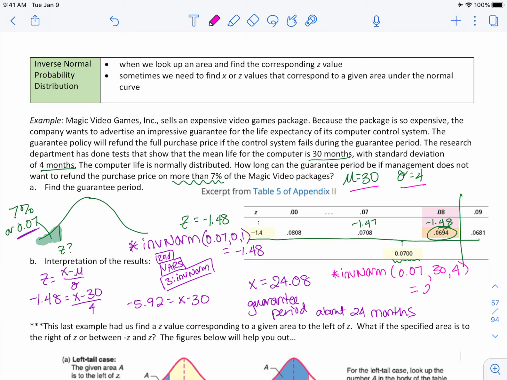So this comes out to be 24.10, which does give us the same answer. So again, anytime you're putting in an inverse norm, I'll put a note up here. It's going to be the area to the left, and then your mean, and then your standard deviation.